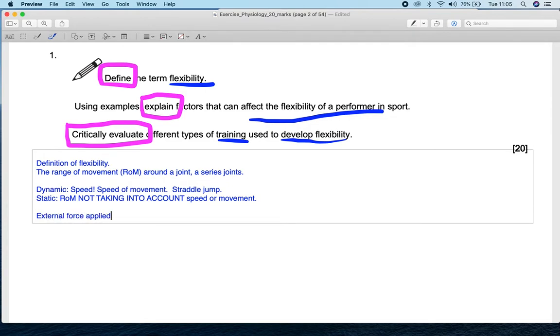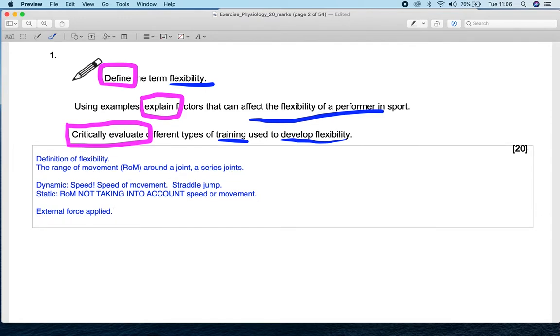So any static stretch that we can think about, any of those exercises that you did at the start of a PE lesson where you bend down, touch your toes, anything like that, any static stretch is coming under this static type of flexibility. Think of somebody holding the splits. What we need to also think about is actually we need to have static strength, static flexibility.